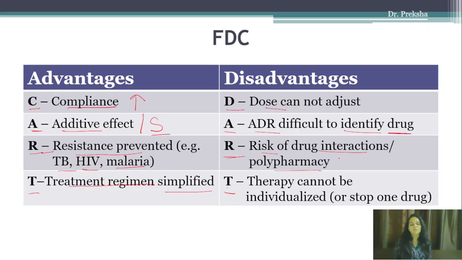R stands for risk of drug interaction or polypharmacy or overprescribing to the patient, because sometimes in FDC there are so many drugs that you may not be able to remember, and you may unnecessarily add on another drug which may be present in the FDC, and that way you can also result in polypharmacy and risk of drug-drug interactions. T stands for therapy cannot be individualized, or you cannot stop one drug.